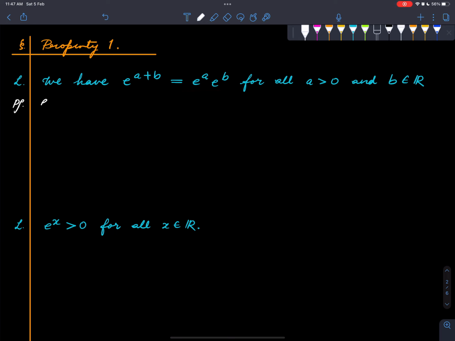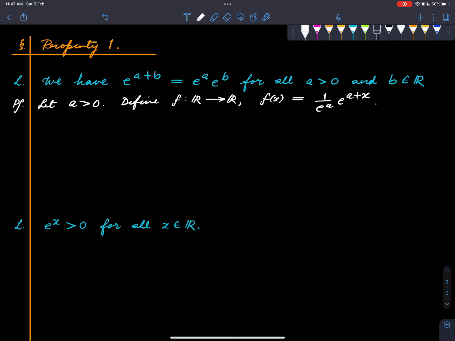All right, so let a be greater than 0 and define a function f which takes x to 1 upon e to the a, multiplied by e to the a plus x.